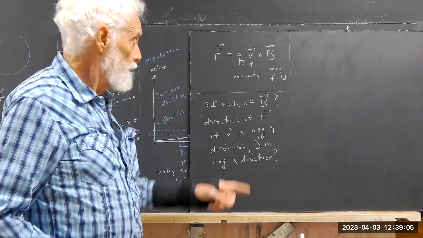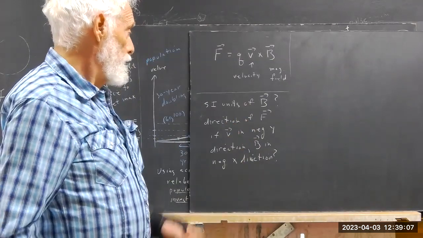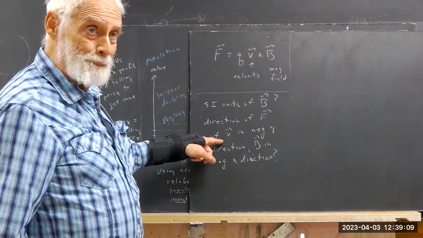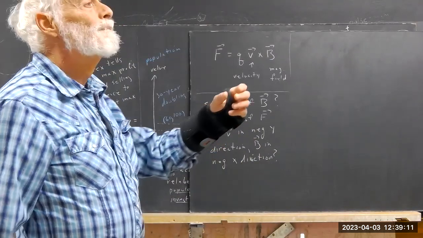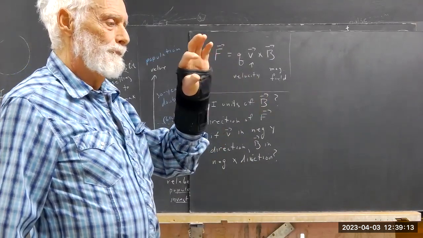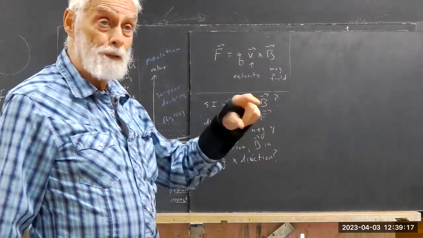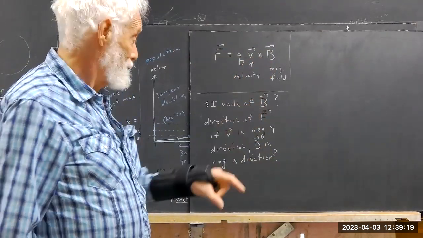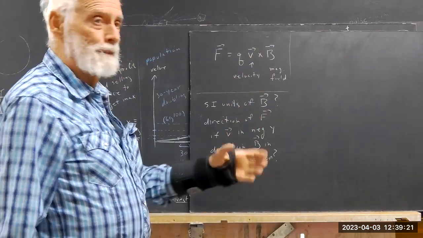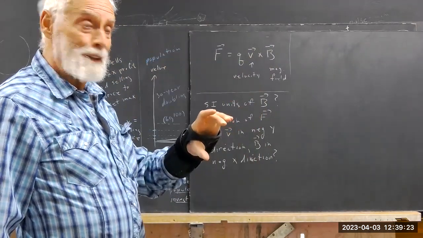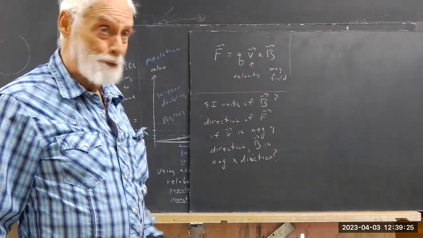Now there's a way that you can do this. You just say let V equal scalar V times the negative j vector, and let B be scalar B multiplied by the negative i vector, and do the cross product.